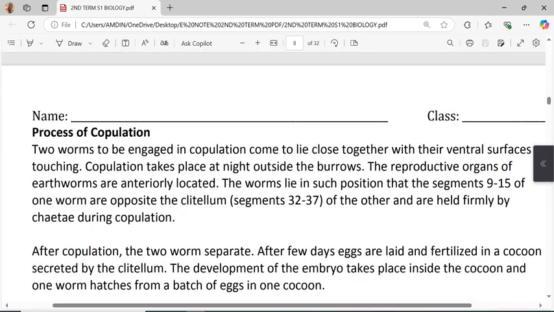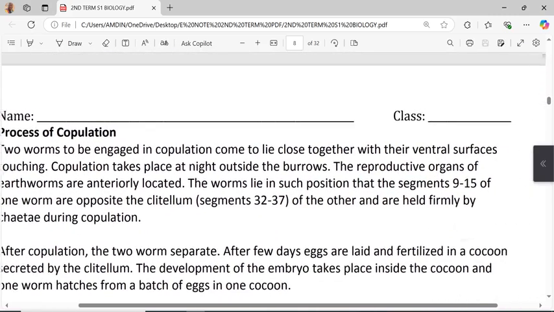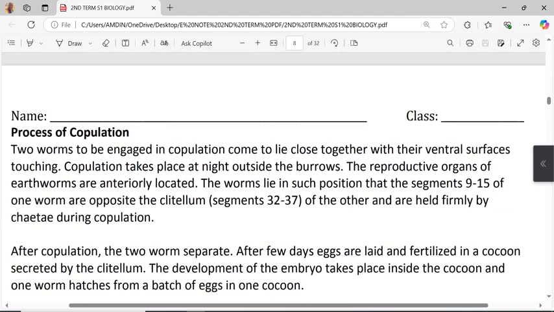The process of copulation: two worms engaged in copulation come to lie close together with their ventral surfaces touching. Copulation takes place at night outside the burrows.